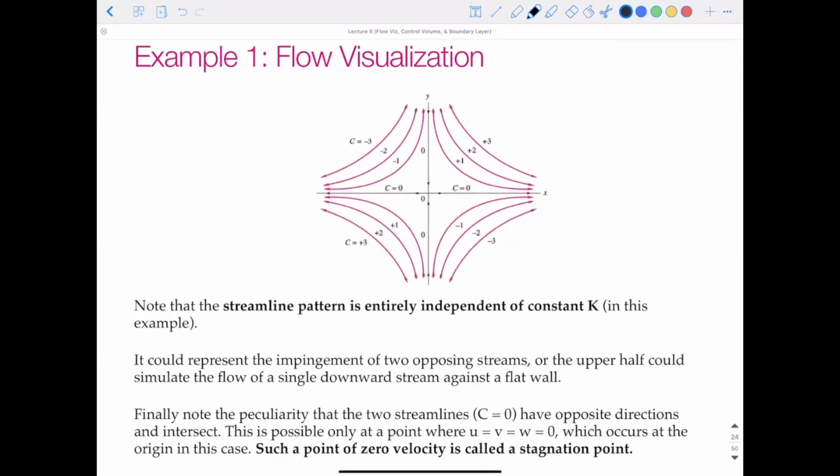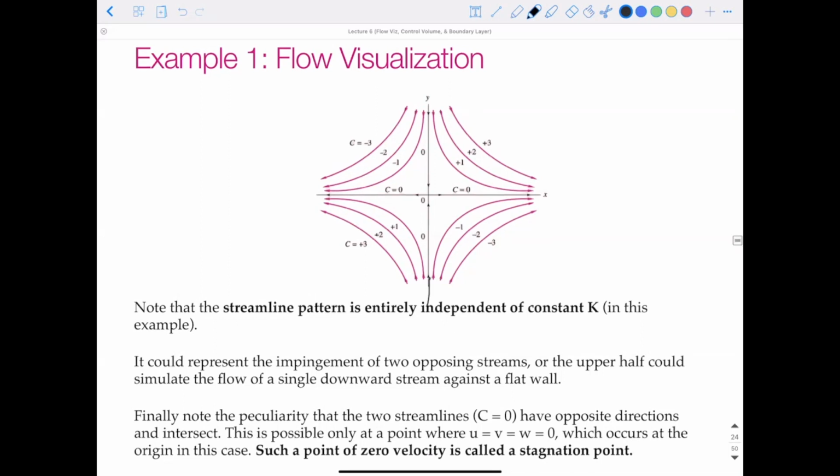So that's what our streamlined flow visualization would look like. If we wanted to describe what this could mean, we see that all the flow is coming in at this end. Our flow is entering at the top and exiting at the base. Maybe we could imagine this, if we only considered the bottom, as a solid plate.